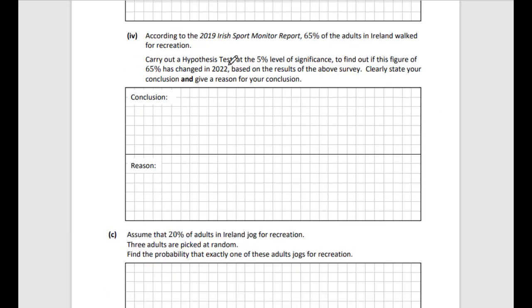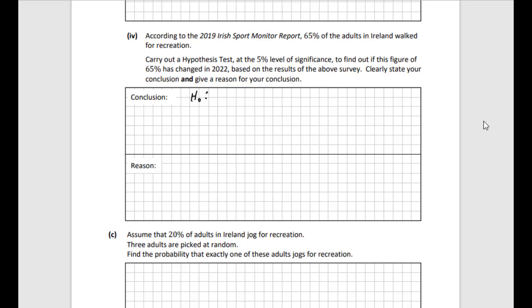According to the 2019 Irish Sport Monitor report, 65% of adults in Ireland walk for recreation. Carry out a hypothesis test at a 5% level of significance to find out if this figure of 65% has changed in 2022 based on the results of the survey. Okay, clearly state your conclusion and give a reason for the conclusion. So the statement that's being made is, we'll call it the null hypothesis here.